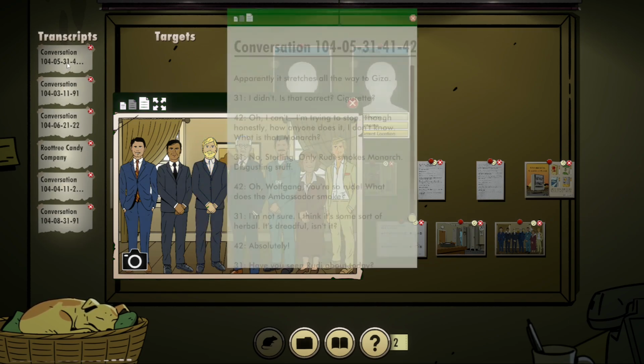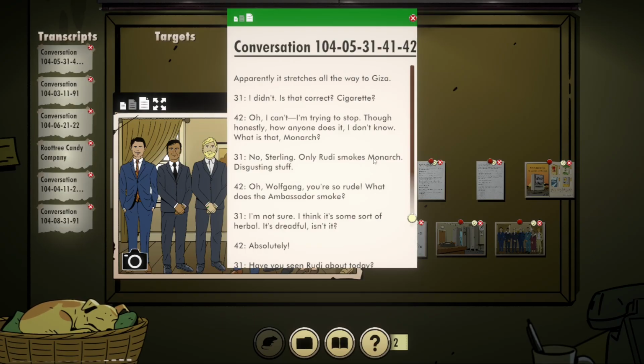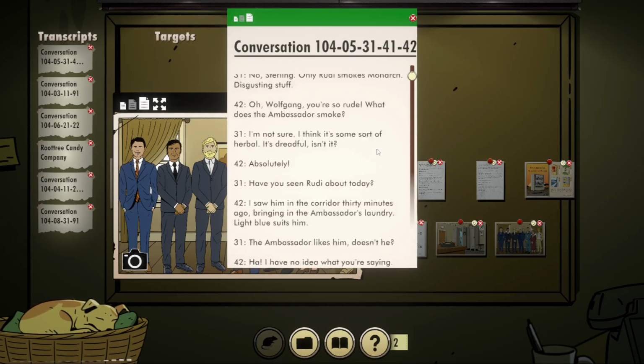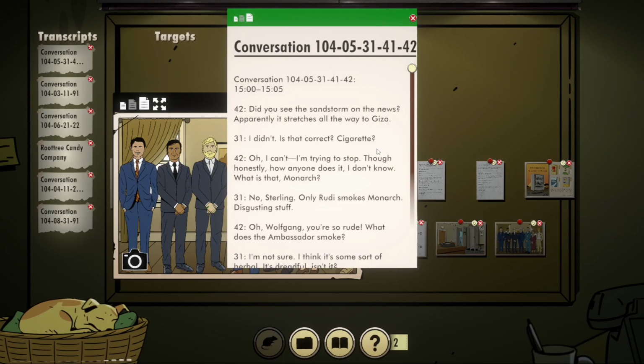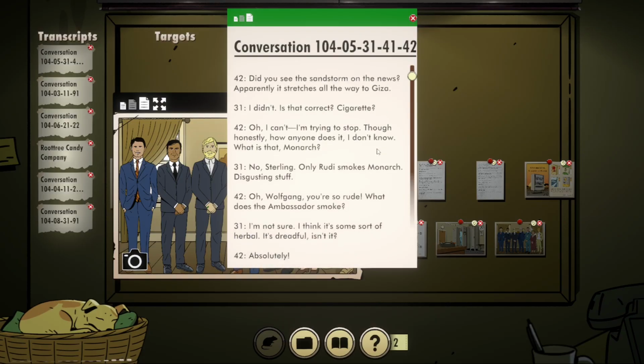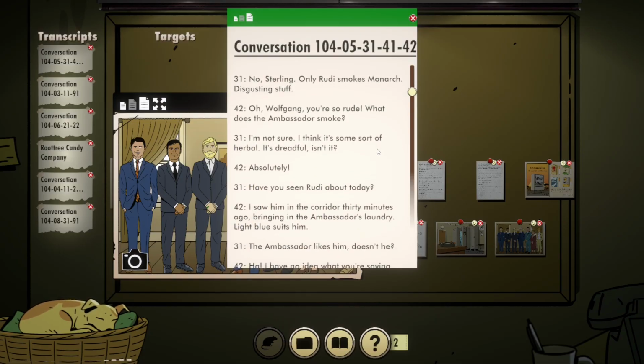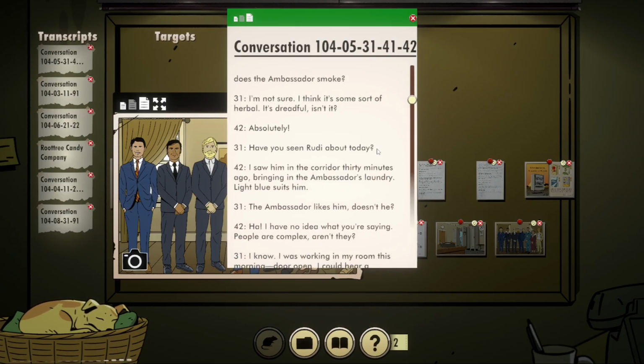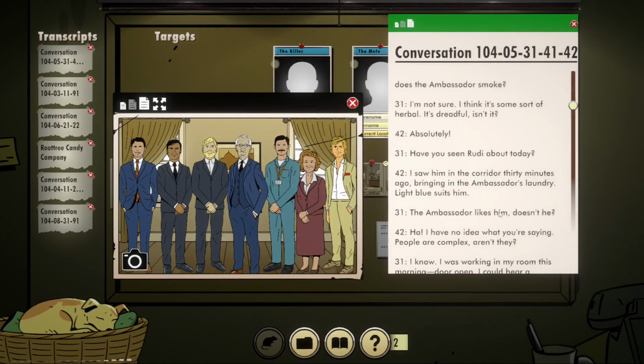Where's your tie? Rudy. Light blue suits him. Is this a suit? Is this supposed... That looks like a jumpsuit.